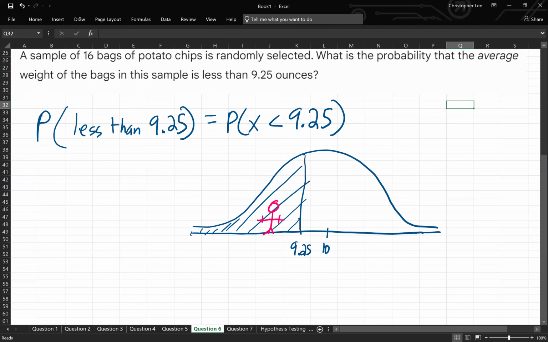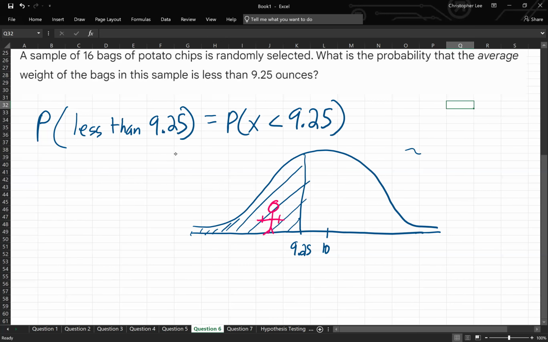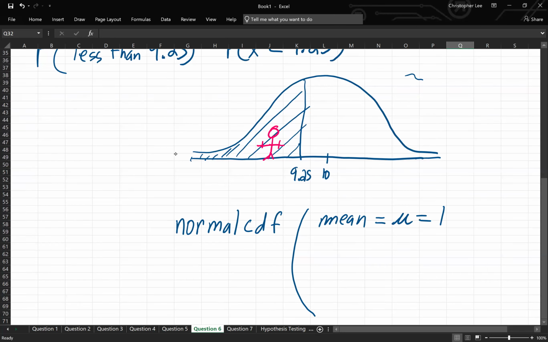In our calculator, what are we going to go to? Perfect. We're going to go to normal CDF. All right. What's my mean? Very good. What's my standard deviation? 0.5.